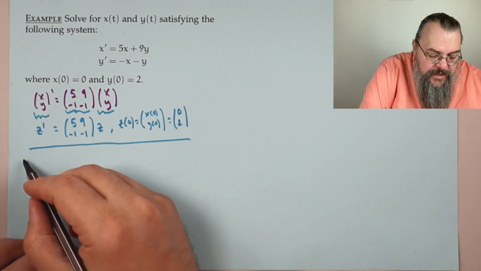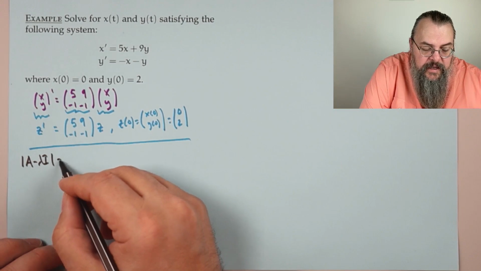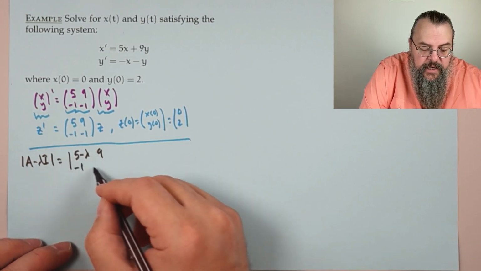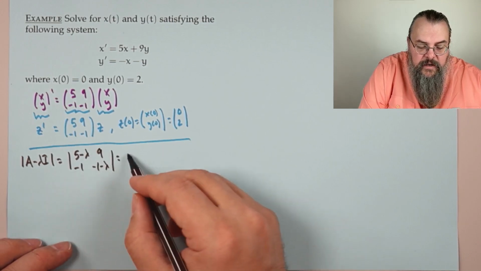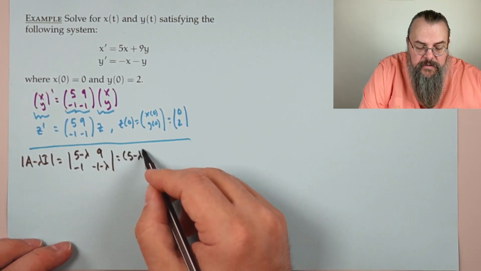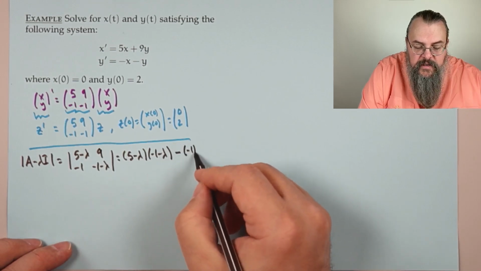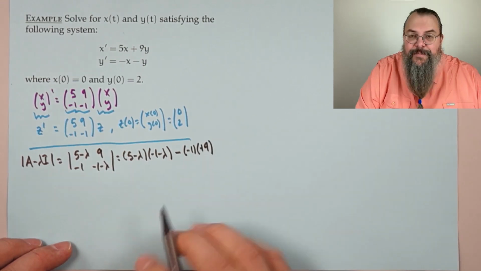So we again take our determinant, a minus lambda I, that's the determinant, 5 minus lambda, 9, minus 1, minus 1 minus lambda. All right, that's 5 minus lambda, minus 1 minus lambda, subtract, negative 1, oops, times 9. I don't know why I put a minus there.